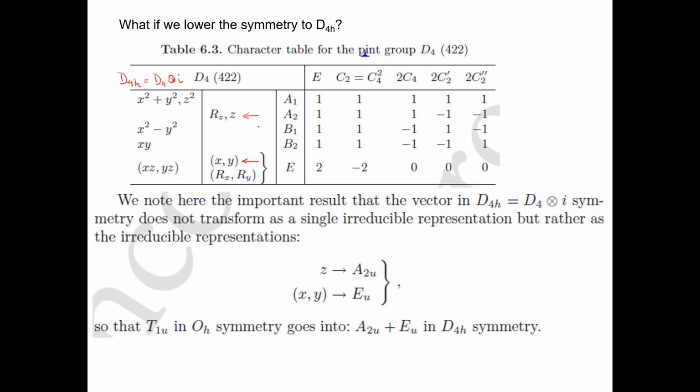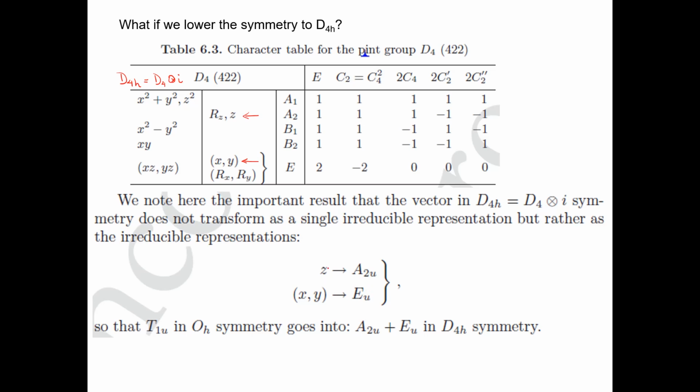You have to remember that this is the D4 group, but if you make the table for the D4h group, they are both going to be odd, because x, y, z are always odd under inversion. So the z coordinate will be a basis function for the A2u representation, and the x and y coordinates are going to be partners of the two-dimensional Eu representation.